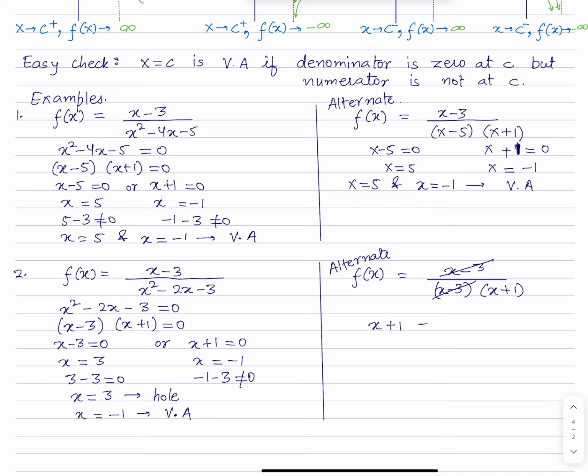Sorry, denominator equal to 0. So first you cancel out common terms and then you set your denominator equal to 0, and that will give you your vertical asymptote.